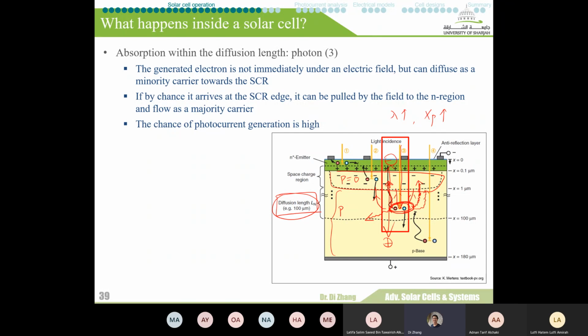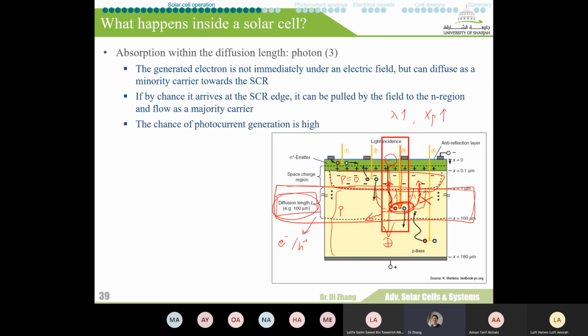So in those cases, the electrons and holes will be lost due to recombination, and from there we cannot get electricity. But within reason, we say that typically within the diffusion length from the space charge region, for absorption in this region, there is a certain chance for you to generate electricity.